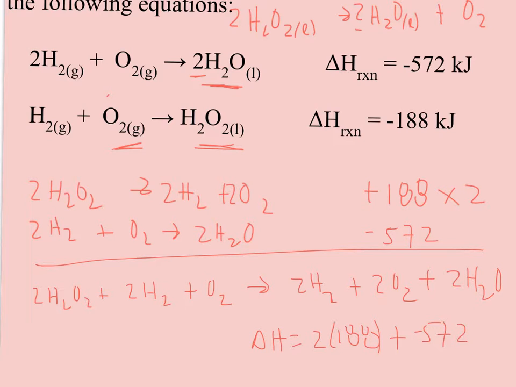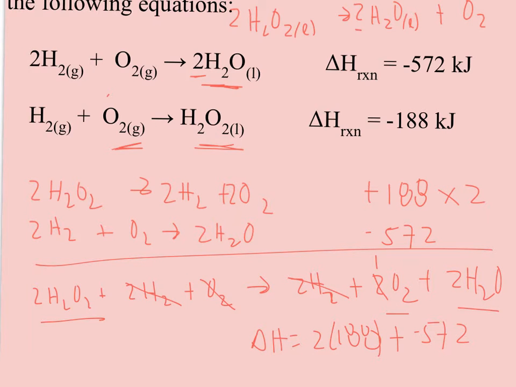When I look for common factors on each side, I've got 2O2 here, which will reduce to 1O2 on this side, and I have 2H2 on both the left and the right. Now when I evaluate this, it appears I've duplicated the equation I'm interested in: 2H2O2 yields 2H2O plus 1O2.